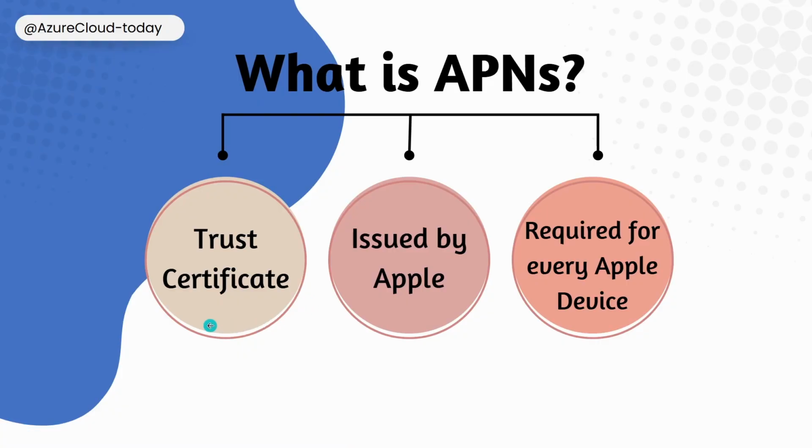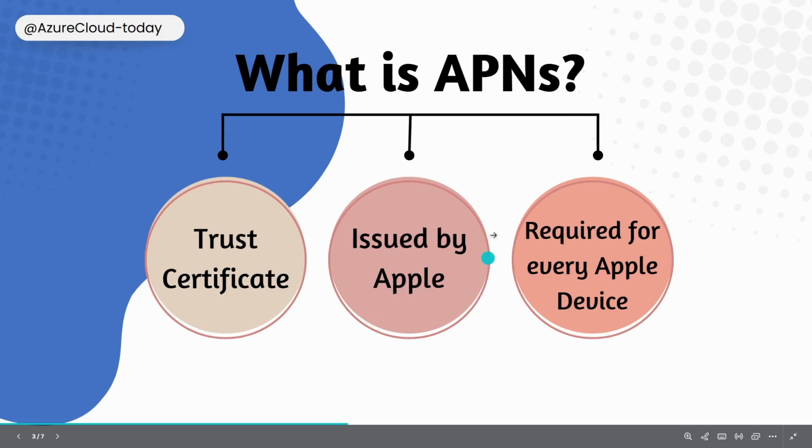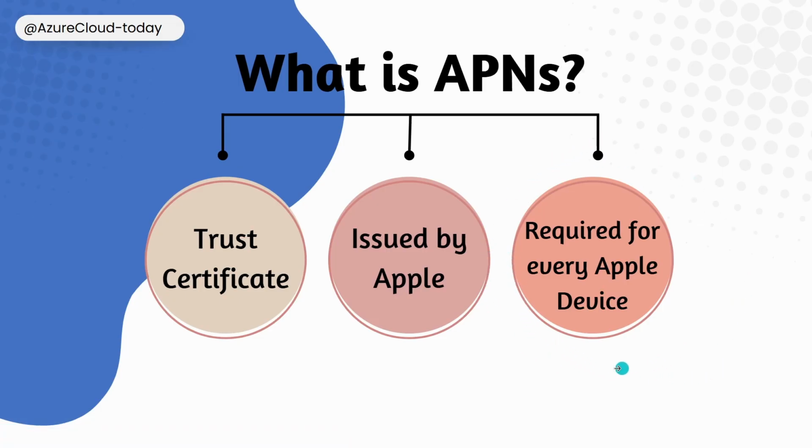First is the trust certificate, which is also called a digital handshake between Microsoft Intune and Apple servers. Second is that it's issued by Apple. Third is that it is required for every single Apple device that you wish to manage, which includes iPhone, iPad, or Mac. Without this certificate in place, Intune literally cannot communicate with an iOS device.